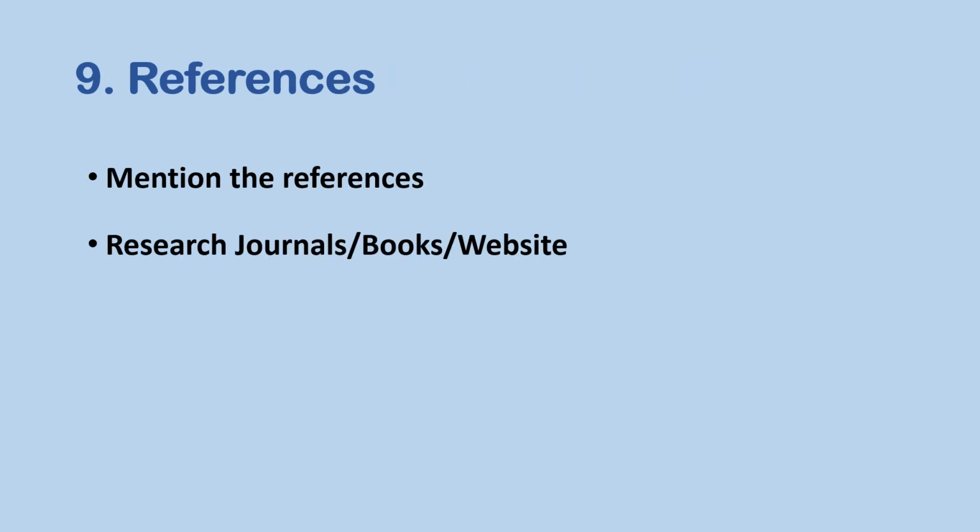Next point is the references used for your project. Here you need to explain the references used. It may include the different types of research papers from journals, then books and different kinds of websites used.